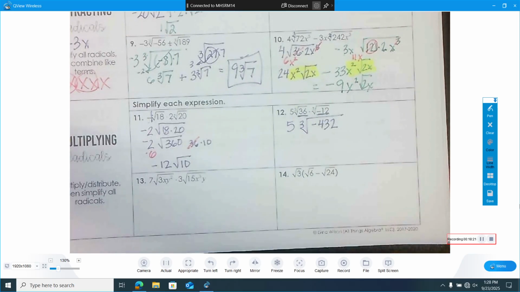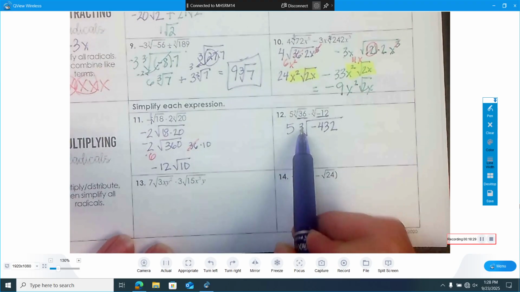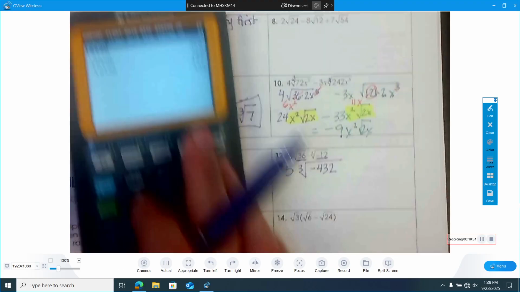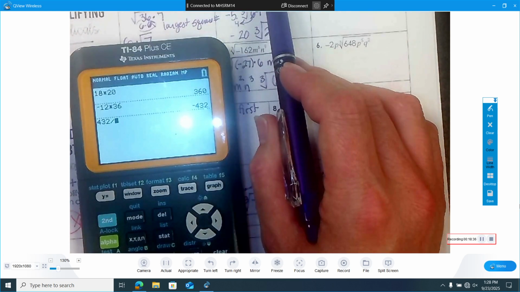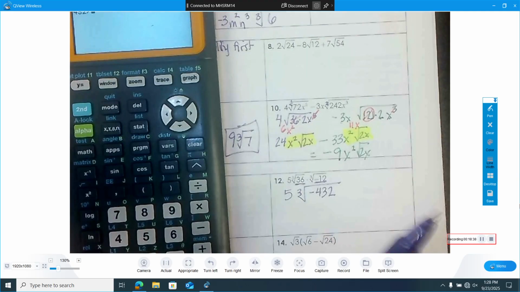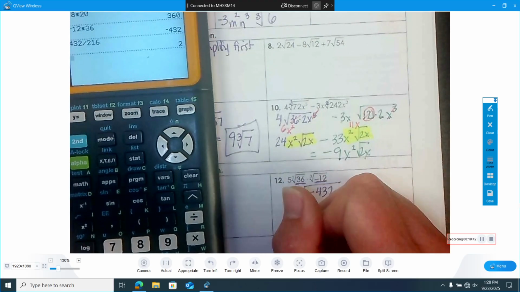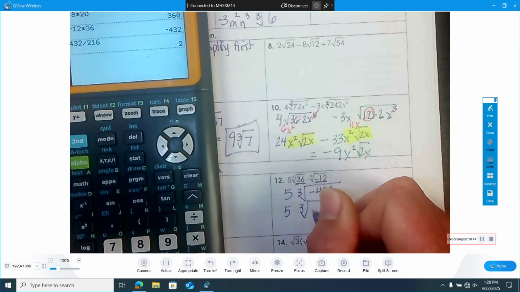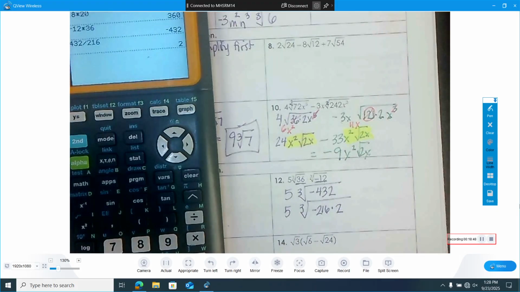The stuff under the radical, I think it's called the radicand. Okay, 432. I am looking for cube roots here, so perfect cube numbers. Let's see. 432 divides by what perfect cube? 216. All right. So this is like negative 216 times 2. That would give me negative 432.